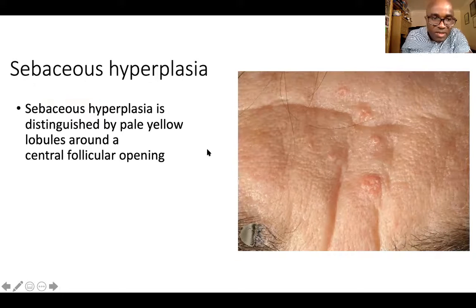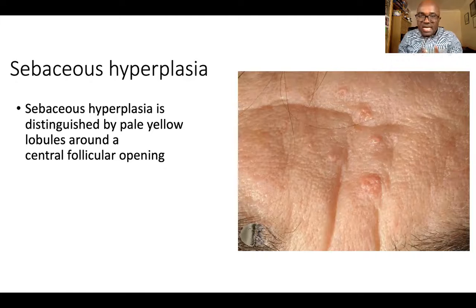The reason they are sometimes referred as suspected BCCs is the vessels, which typically look like crown vessels surrounding pale yellow or creamish lobules in the middle, around the central follicular opening. Because of that, people think it looks like a crater. Is it a BCC? That idea is there, but it's not ulceration at all.